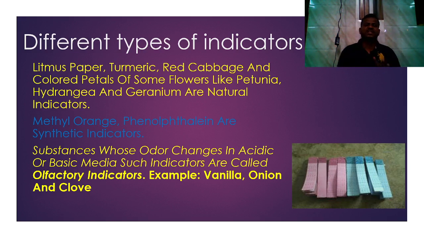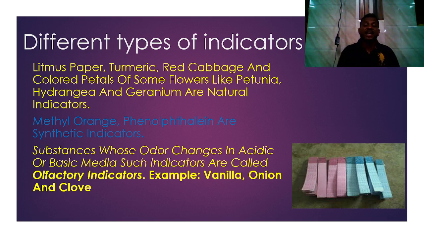Turmeric is very familiar to us, so we are going to take turmeric as the example. Methyl orange and phenolphthalein are synthetic indicators.